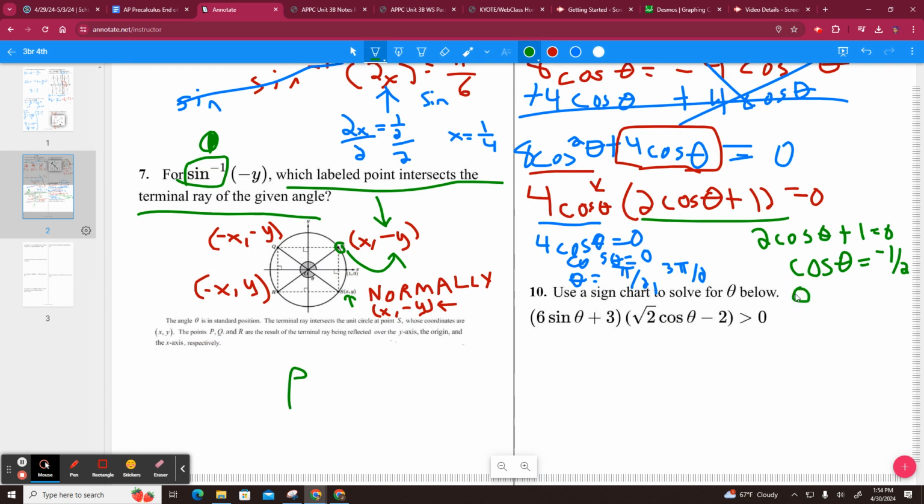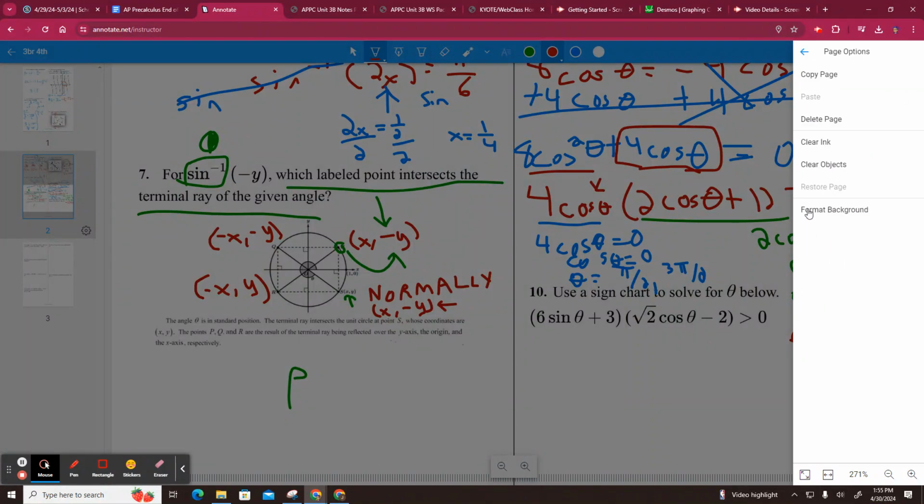So theta equals 2 pi over 3 and 4 pi over 3. So you would combine these. I'll do that in red here. You would combine these to get theta equals pi over 2, 3 pi over 2, 2 pi over 3, 4 pi over 3. So that's my solutions for everything, okay?